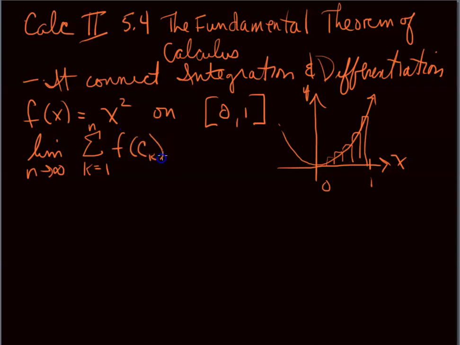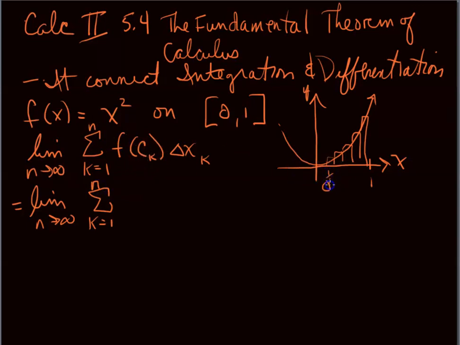We're going to pick the right-hand side of this interval times delta x sub k. So this is the limit as n goes to infinity of the sum k going from 1 to n. So the function is x squared. What are we going to put in, though?